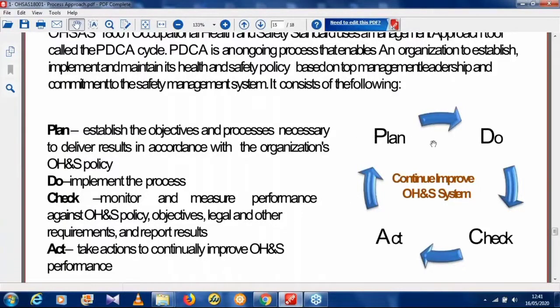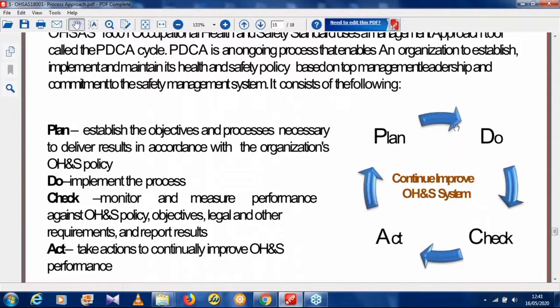Start from here. Planning. Do is to implement the process. Check is to monitor, carry out performance, and measure the performance by audits and the rest of them, whether internal audit or external audit. And policies, setting of policies, compliance to them, the objectives, legal requirements, and report results.